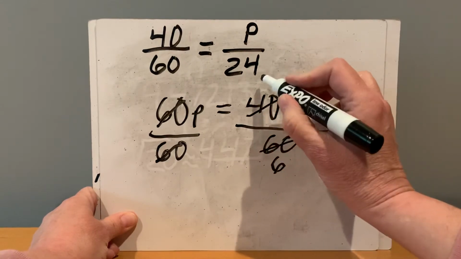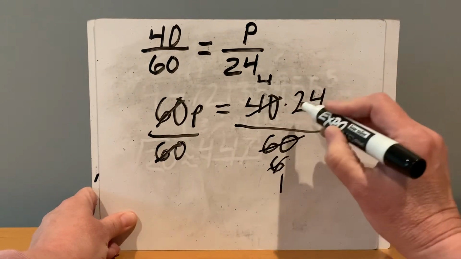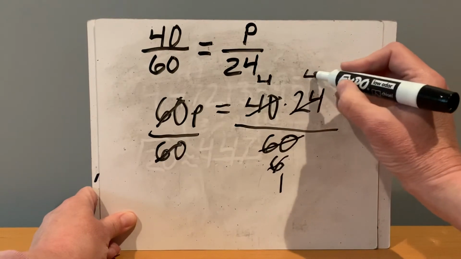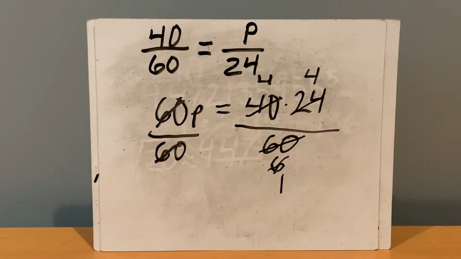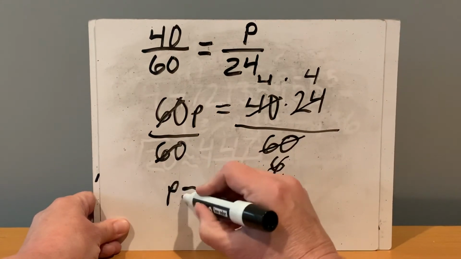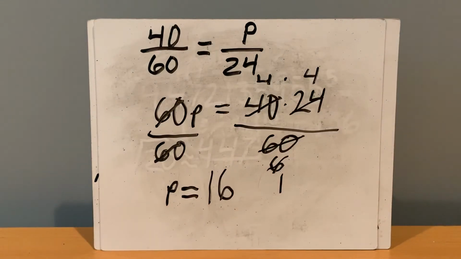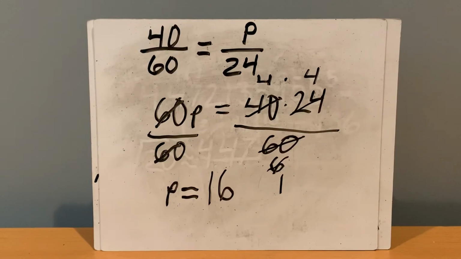It goes into 40 4 times. 6 goes into itself once, and it goes into 24 4 times. Now we can multiply. And we see that P equals 16, which is 4 times 4. So we find that 16 members played.